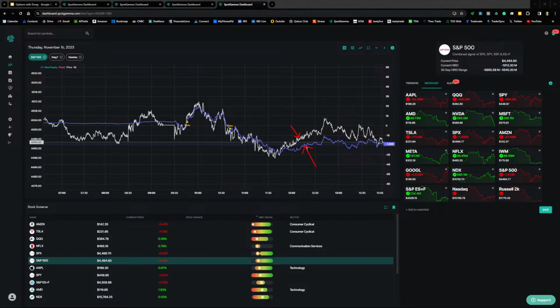All right, so now we're back to real-time data, and this is showing real-time options trades, market maker hedging activity for a combined signal for SPX, SPY, XSP, and ES futures.